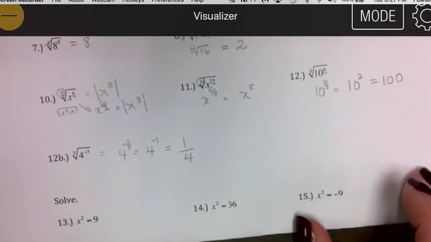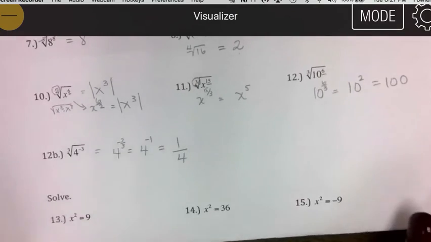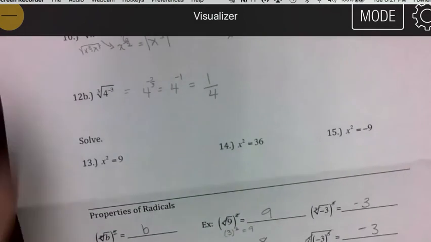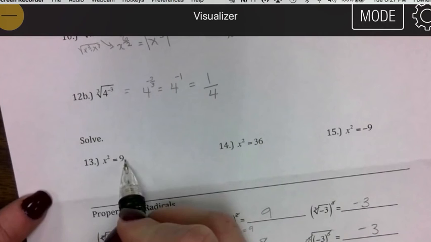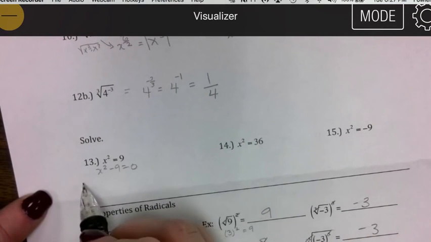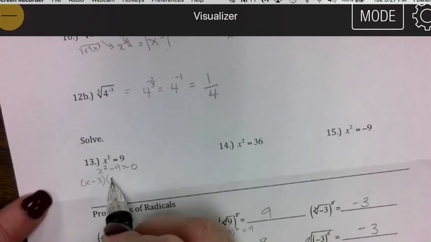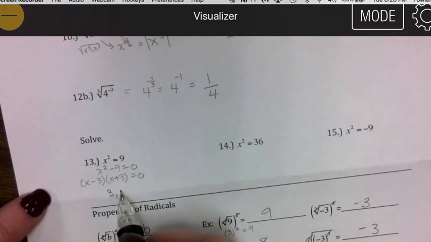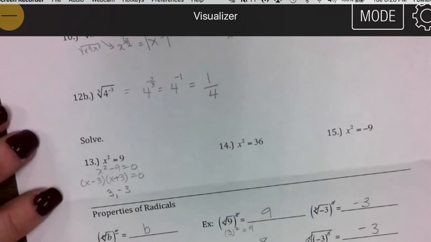The last part of section 6.1 is going through and doing equations. And in the last chapter, we would always take any kind of quadratic, set it equal to 0, factor, and then end up with our 3 and -3. We're going to approach it a little bit differently.